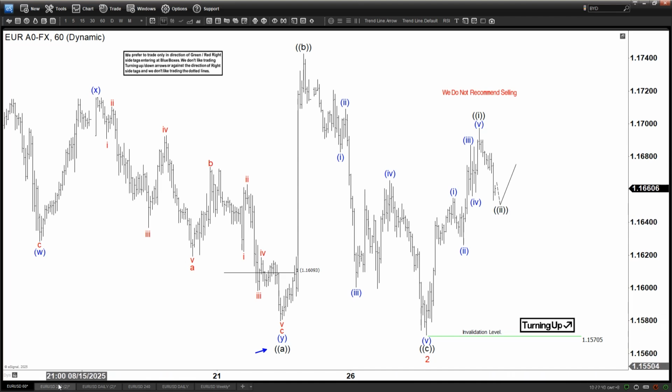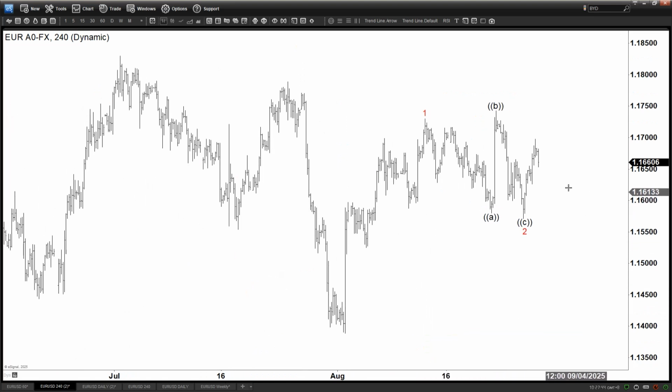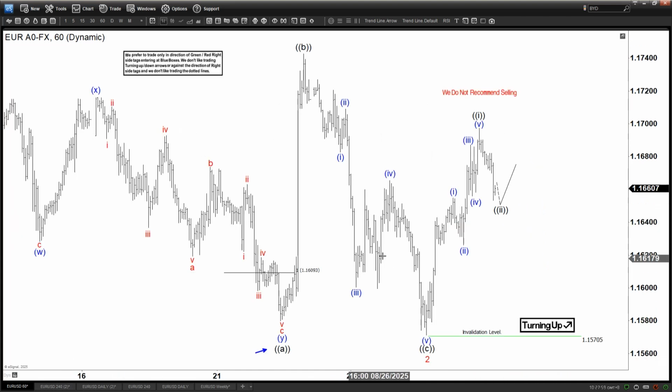The other thing that I want to show is a bigger double correction, all right? A bigger double correction simply means we're going to be doing something like this before turning higher. But again, for now, I don't really entertain that too much, because the short-term rally looks like a 5 swing, which is again favoring more upside.